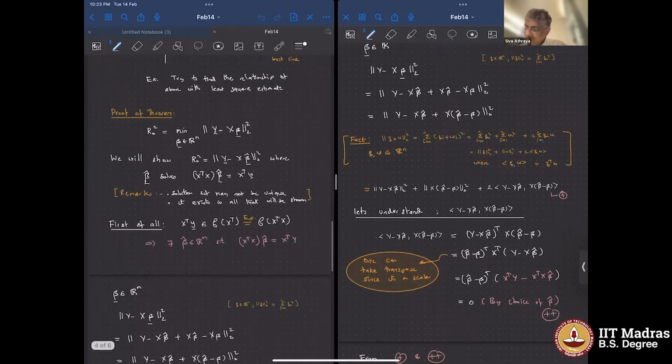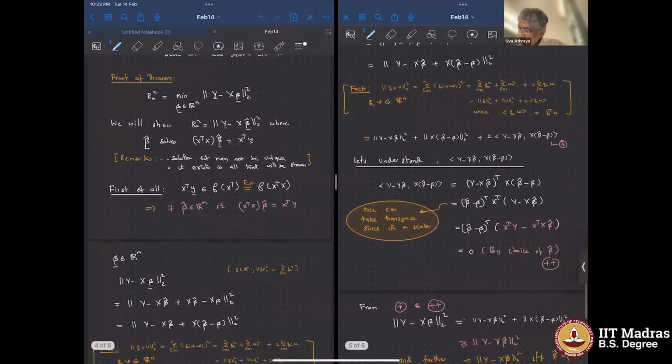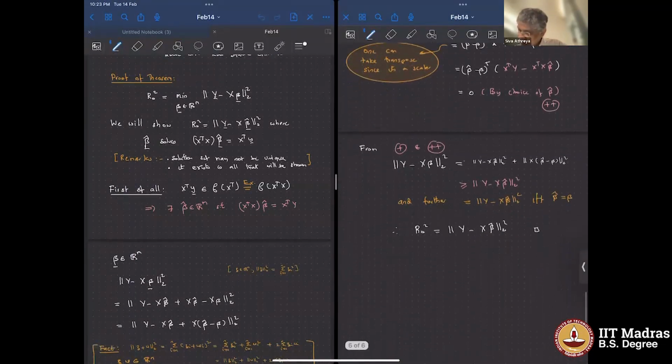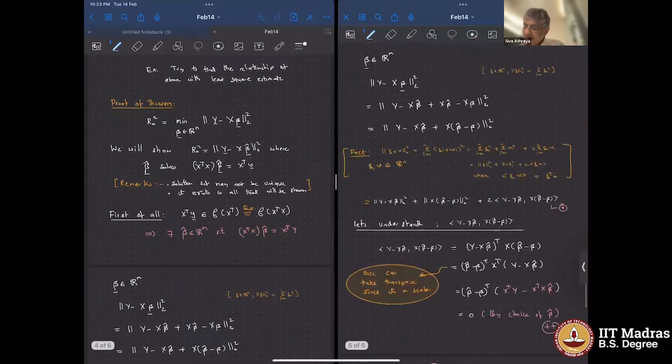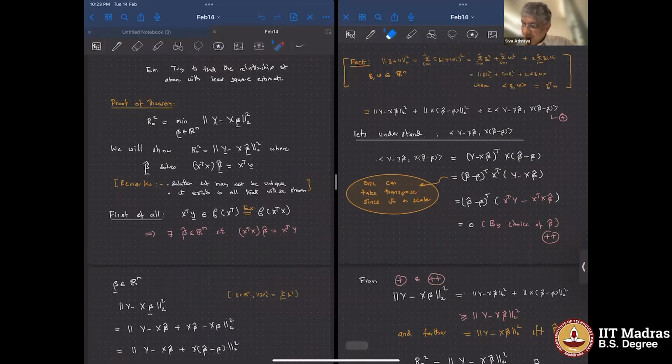So what did I do first? Let me come back here and keep this here. I said, first look at this. This is the quantity I want to understand. I will show you that R naught is equal to this, where beta hat solves this equation. Of course, now I have to show a solution to the equation exists.